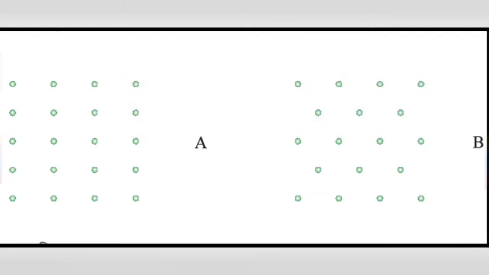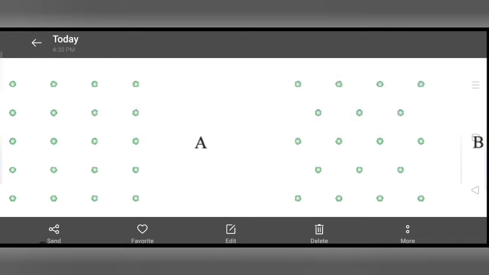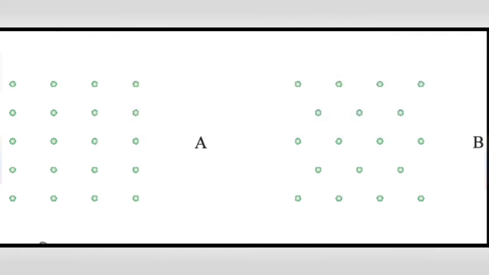These are two different types of formations, AAA type and AB type.